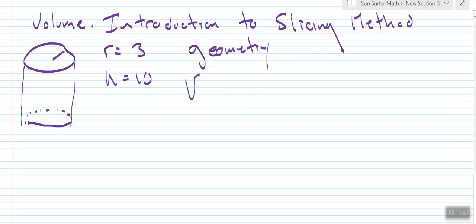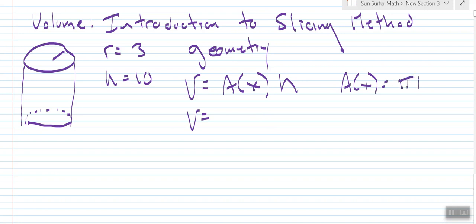Well, the volume of the can would be the area of the top of the can, the cross-sectional area, which I will write A of x. The cross-sectional area is some function of x, times the height of that can. Well, because this is a circular can, we know the formula for the cross-sectional area. It is simply pi r squared, the area of a circle.